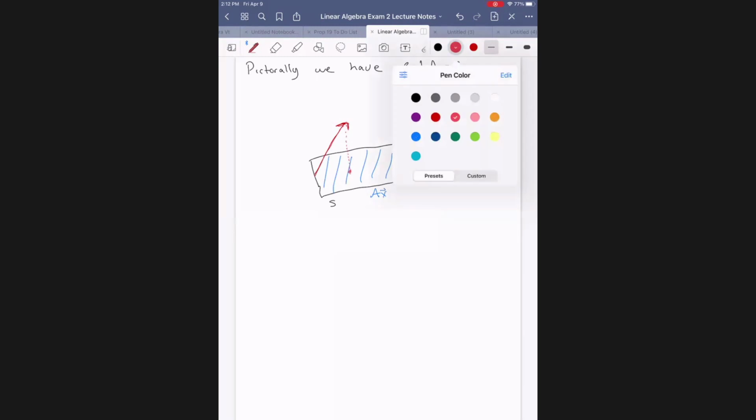This distance right here is the minimum between that plane and that vector. Wouldn't you agree? If I asked you the minimum distance from this point to that plane, you're not going to go all the way over here, you're going to go straight down to it. That's exactly what we're trying to do with the picture: we're trying to find that distance.